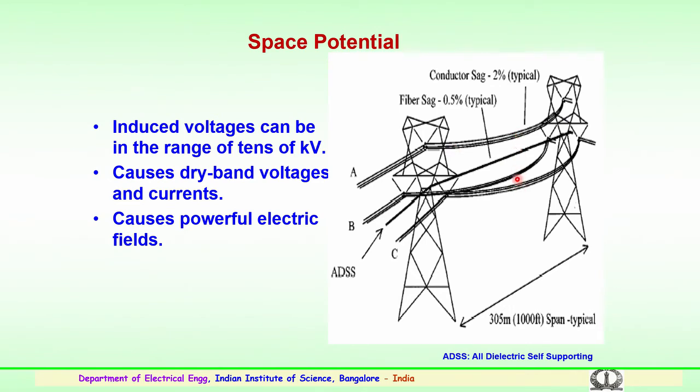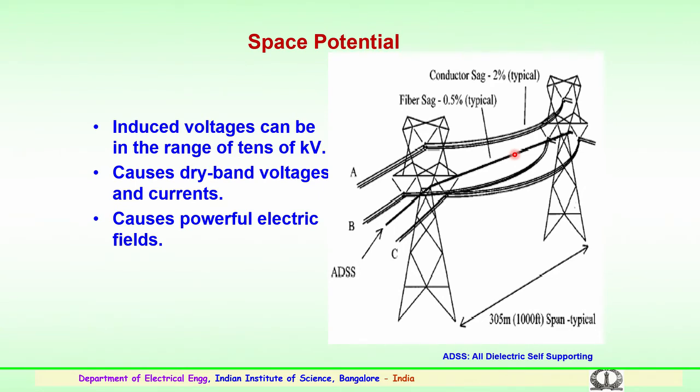During that period there is a chance, because of the wind and other conditions, of induced potential on the surface of the all dielectric optical cable. This would create a potential on the surface in the range of sometimes tens of kilovolts.